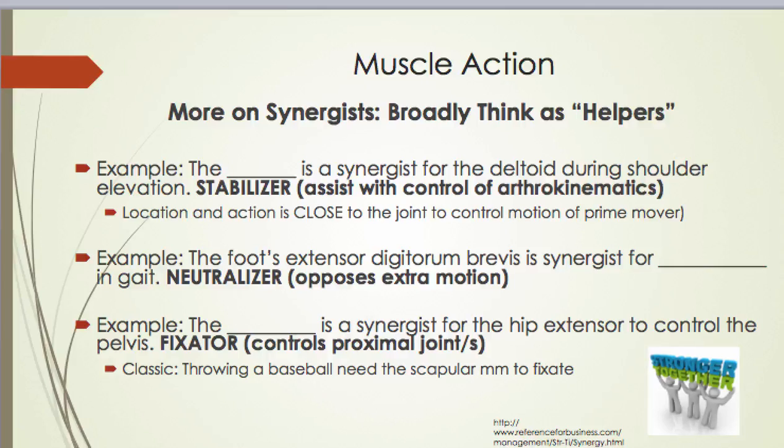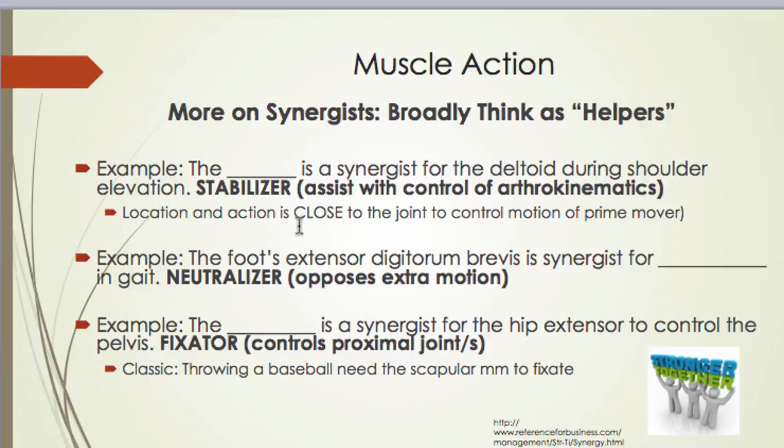So first example, the blank is a synergist for the deltoid during shoulder elevation. Okay? In other words, this stabilizer assists with control of arthrokinematics of the shoulder. So a stabilizer is close to the joint and creates action close to the joint to control movement of the prime mover.